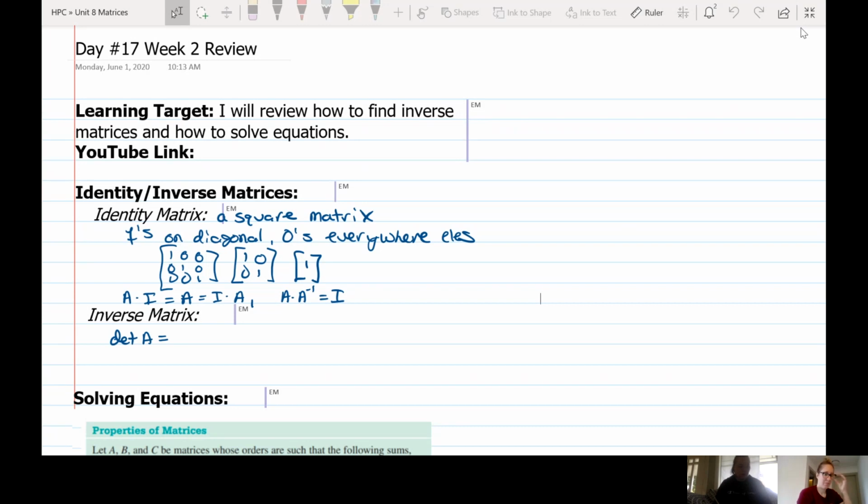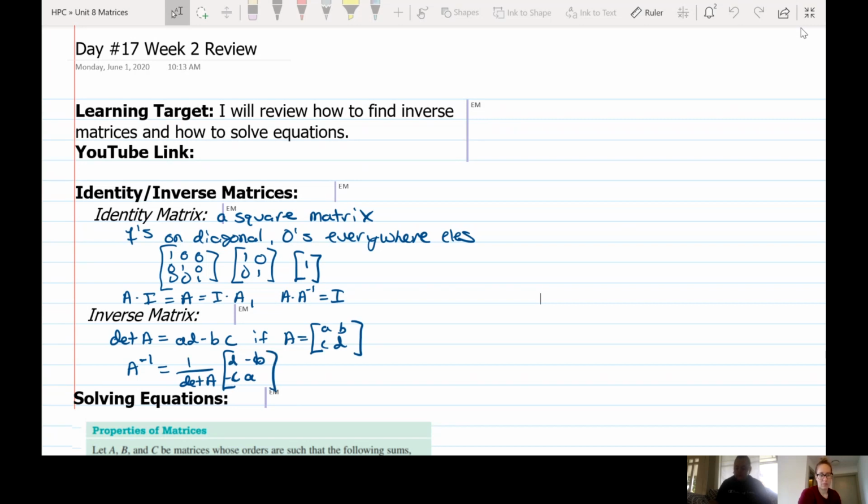That is equal to AD minus BC if you have a matrix that looks like this: A, B, C, D. To find your inverse matrix, you take 1 over your determinant, and then you swap the D and the A, and change the signs of B and C. Essentially, this becomes scalar multiplication, and then you will have the inverse.